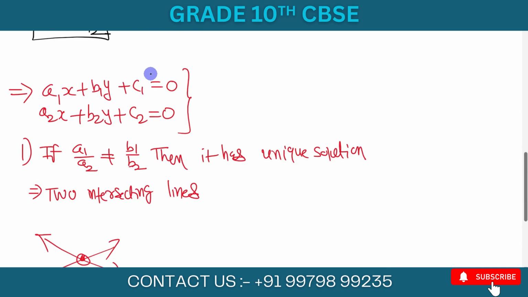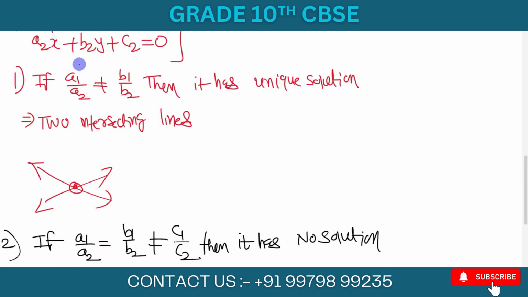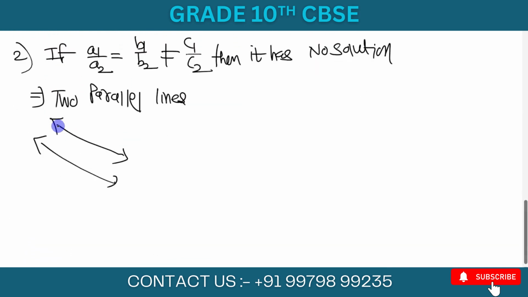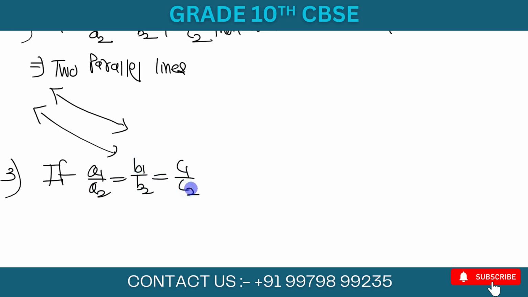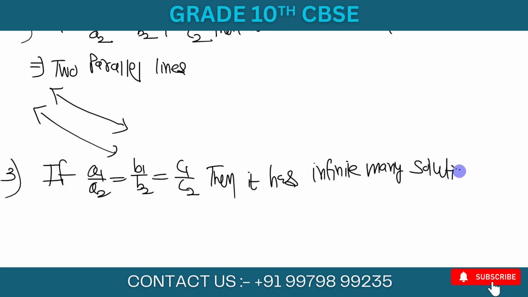Before concluding the values of a1, a2, b1, b2, c1, c2, make sure the right hand side is 0. First write it in standard form if it is not written, and only then assign the values and apply the condition. Third scenario is what? If a1 upon a2 is equal to b1 upon b2 is equal to c1 upon c2, then you can say it has infinitely many solutions.